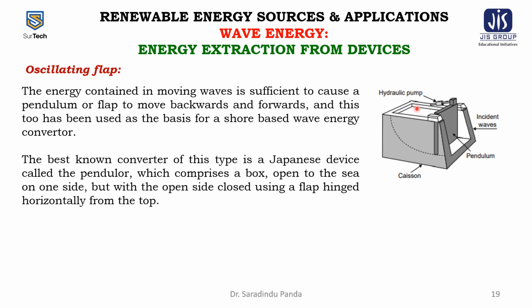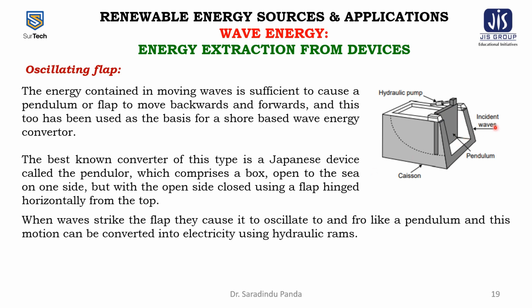The best known converter of this type is a Japanese device called the pendular, which comprises a box open to the sea on one side, but with the open side closed using a flap hinged horizontally from the top.